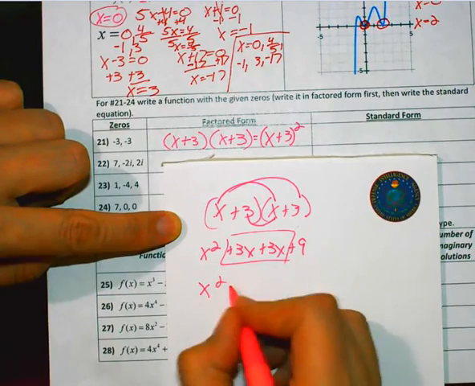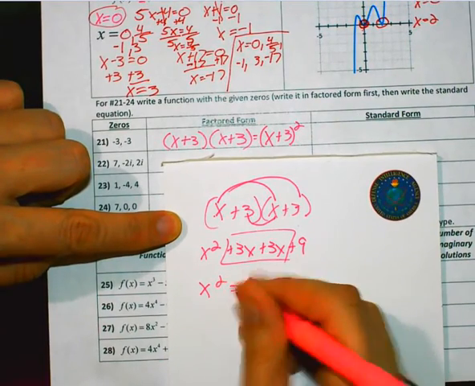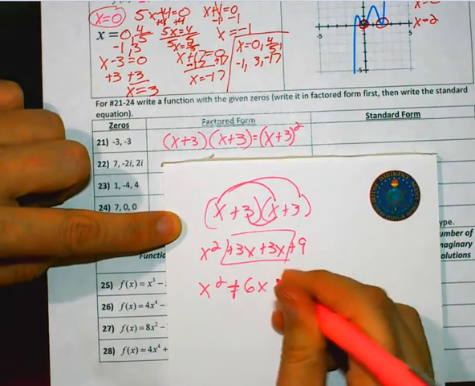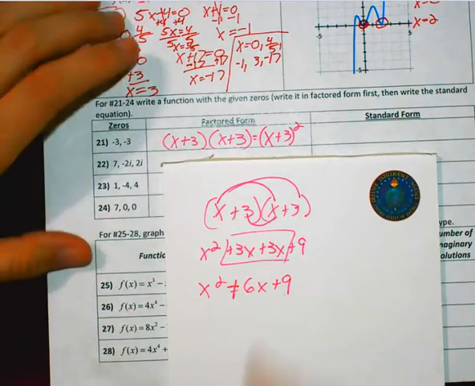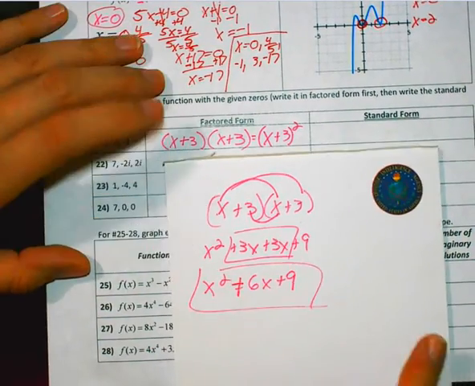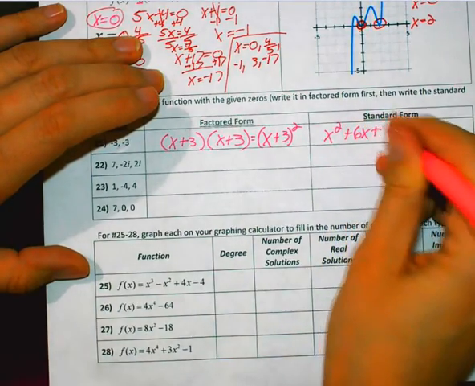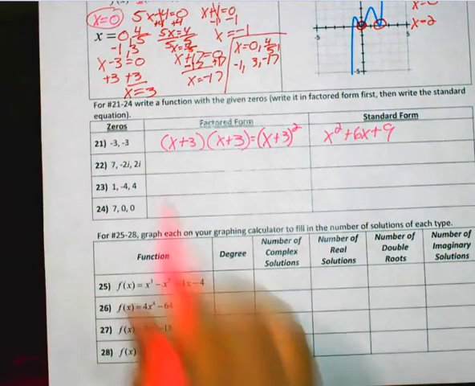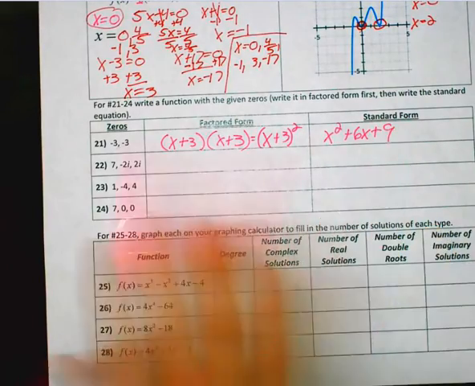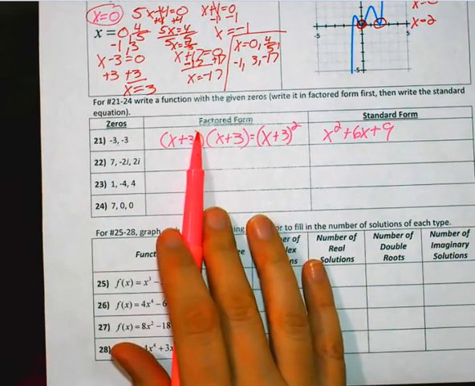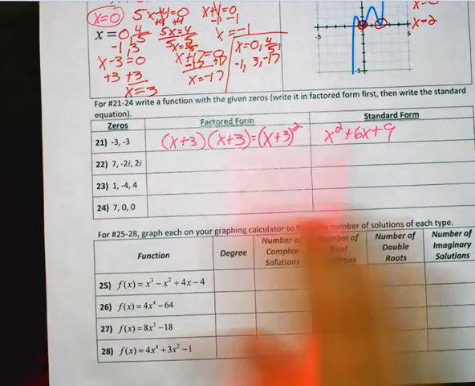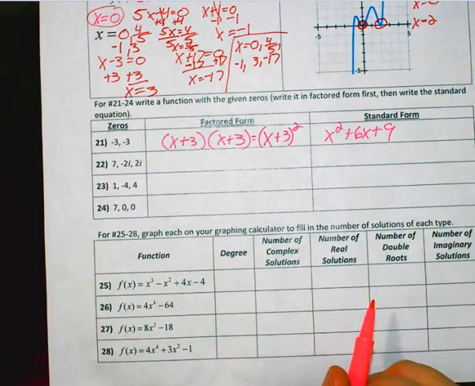Oh, sorry, x squared plus 6x plus 9. So that would be standard form. Again, x squared plus 6x plus 9. So you actually have to multiply them together to get to standard form. So if you have the zeros, you can go to the factored form. Notice it's the opposite sign, and then to standard form. So let's do the next one.